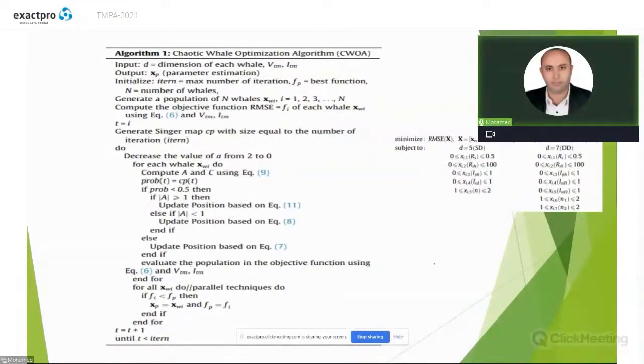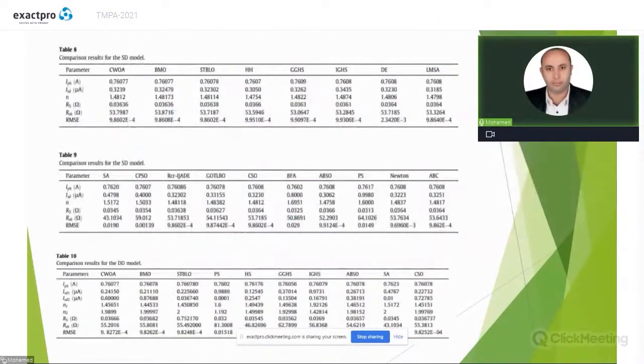And this is the objective function that needs to be minimized, called the root mean square error. The results of these techniques for the single diode model and double diode model can be seen in this table, and we can see that our algorithm provides nearly better results than the other algorithms.